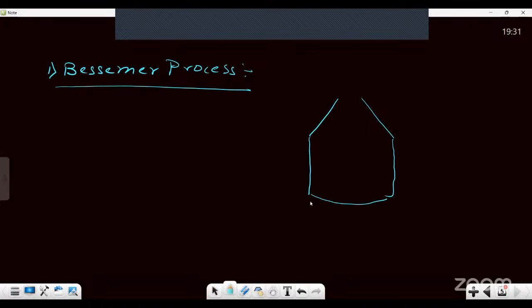Now, at the base of the converter, I am talking about the Bessemer process, there were what were called the tuyeres. From the tuyeres, actually air was blown. So air was blown inside through the tuyeres.